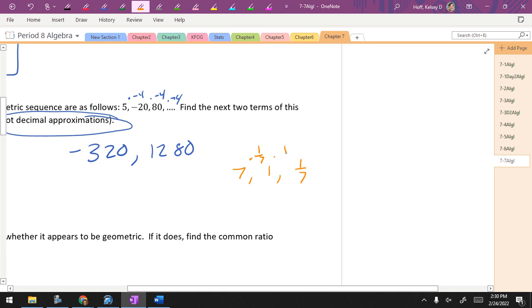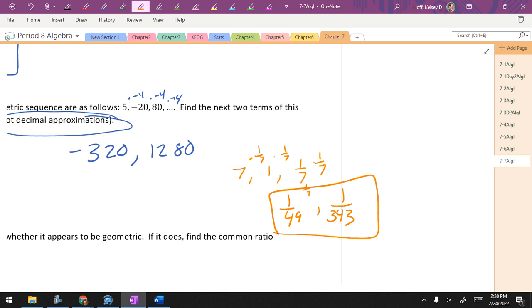You are multiplying by 1/7. Hence, no decimal approximations. They don't want a decimal. What is 1/7 times 1/7? 1/49. And then you would take that times 1/7, which would be 1/343, I think. That's why they're talking about no decimal approximations.